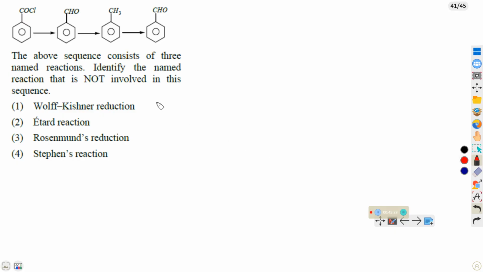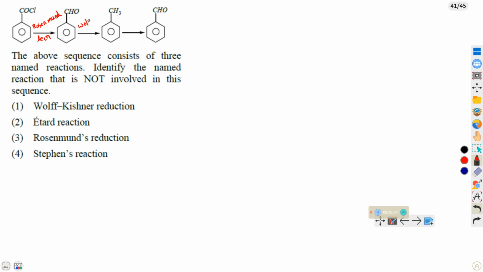The above sequence consists of 3 named reactions. Identify the named reaction that is not involved in this sequence. Acid chloride is converted to aldehyde. This is called Rosenmund reduction. Aldehyde is converted to alkane.